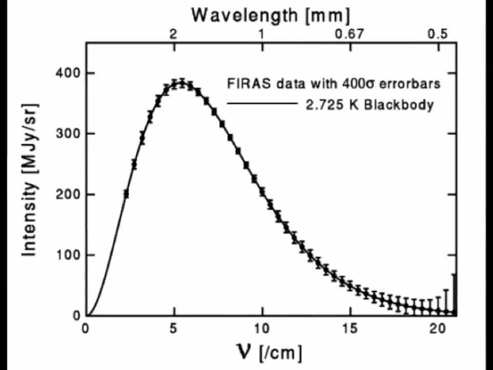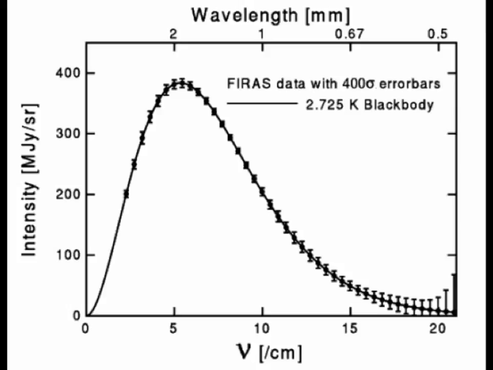The plot on the left shows the results from a satellite launched in the early 1990s called COBE. And the individual points here are measurements of how much light is coming as a function of frequency, which remember frequency is related to wavelength.